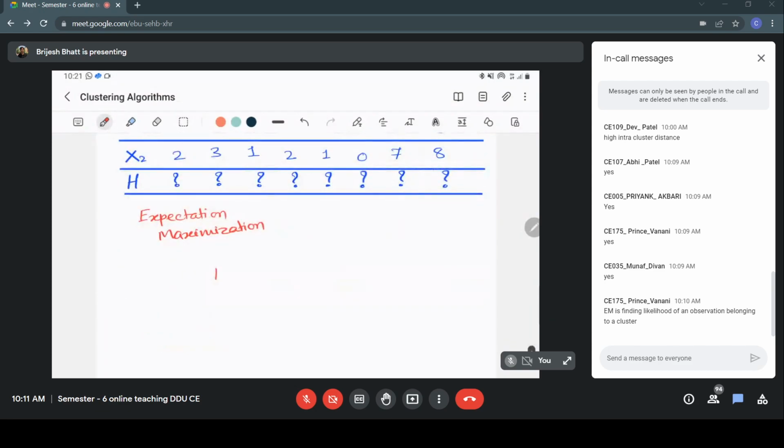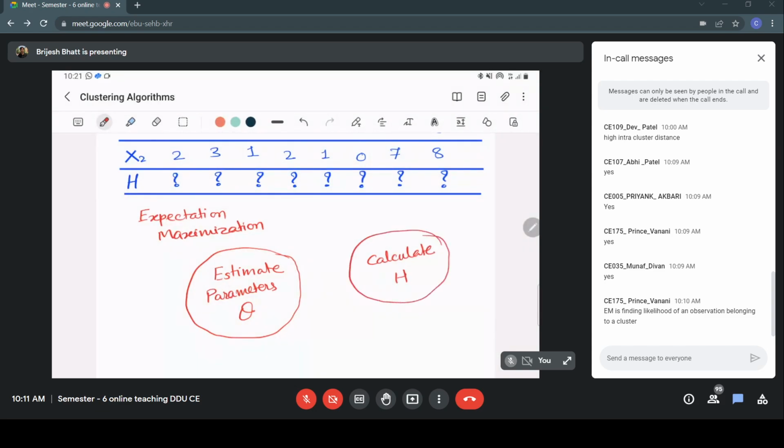One is to estimate theta, and calculate h. Right? So there are two unknowns, theta and h, in the case of expectation maximization.